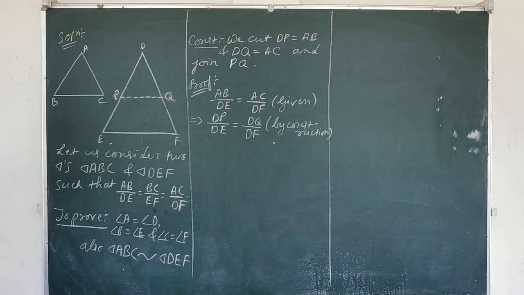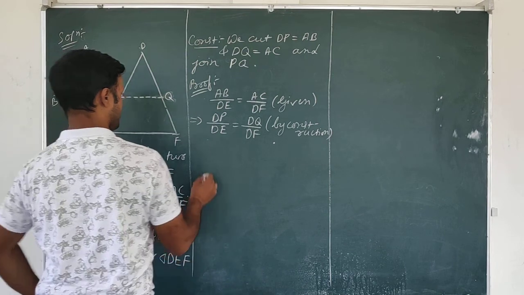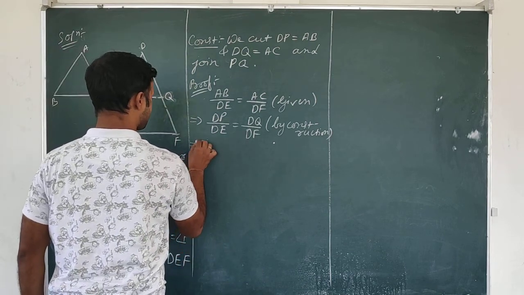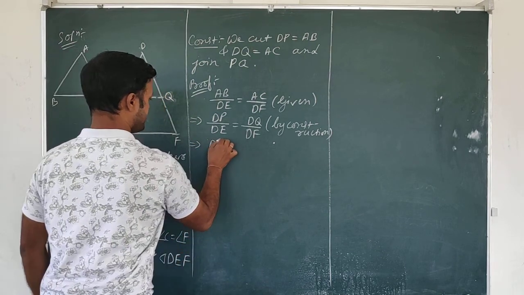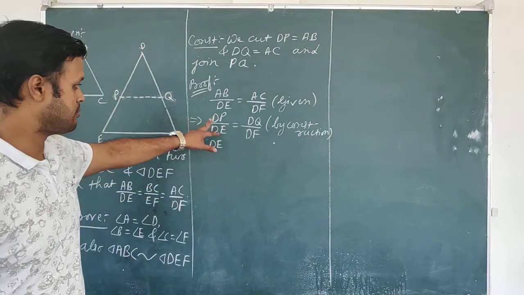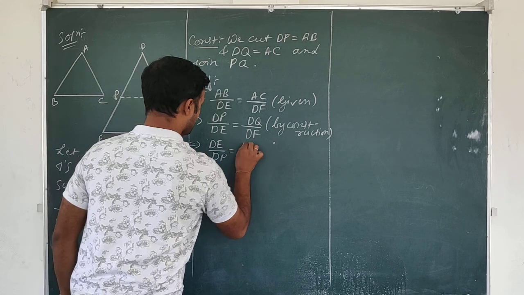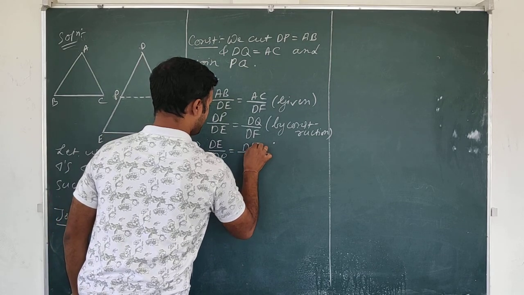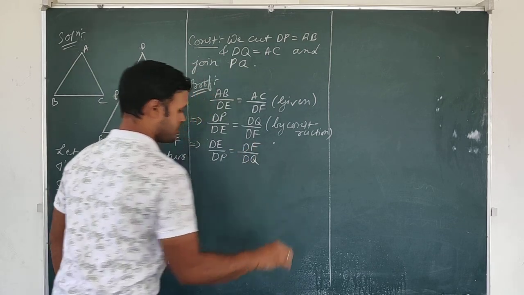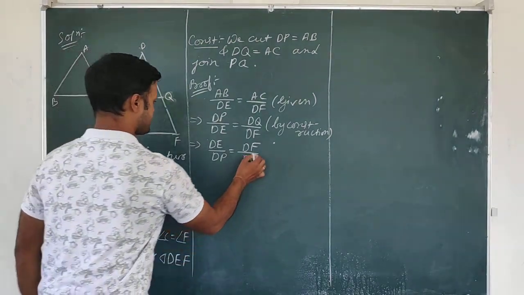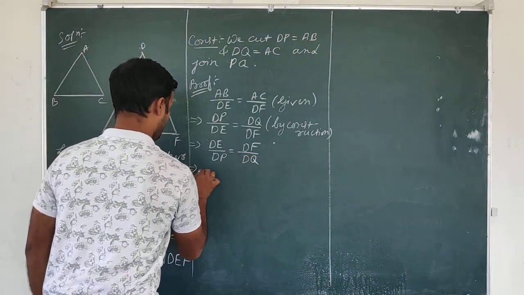Okay, so now you see, students, I'm just reversing both sides: DE by DP, DF by DQ.